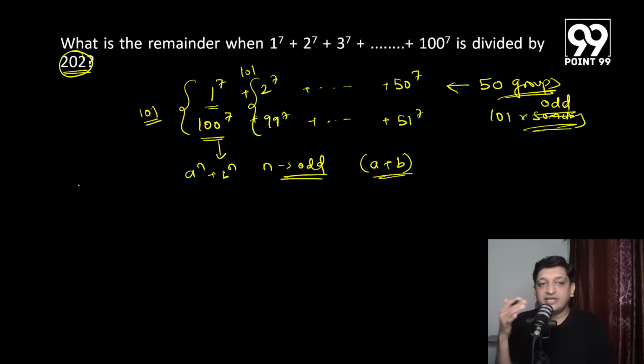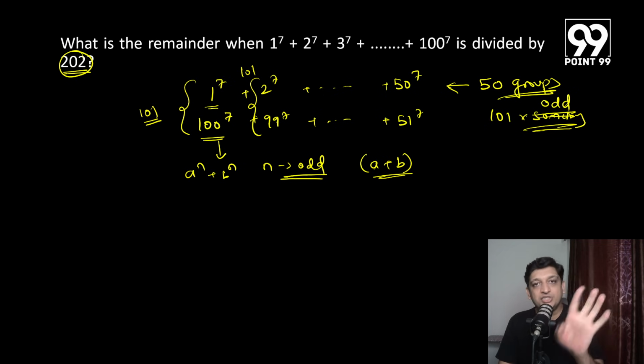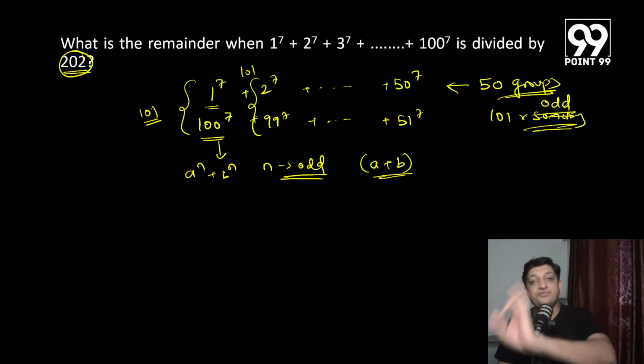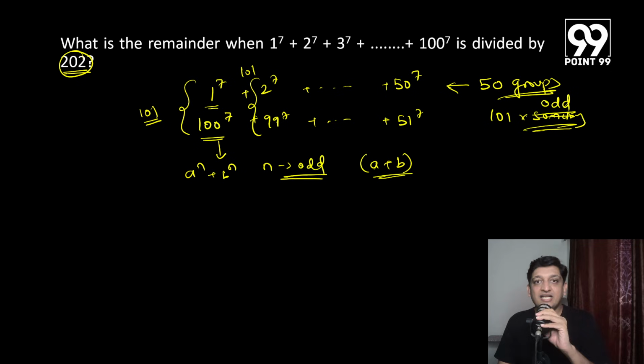So if you simply combine the symmetrical terms, you will be able to say with certainty that we are getting 50 groups, each of which is 101 multiplied by some odd number. Because it's 101 multiplied by an odd number 50 times, it will effectively be 101 into an even number, which means that it will be a multiple of 202. So that is how you will solve this particular bit.